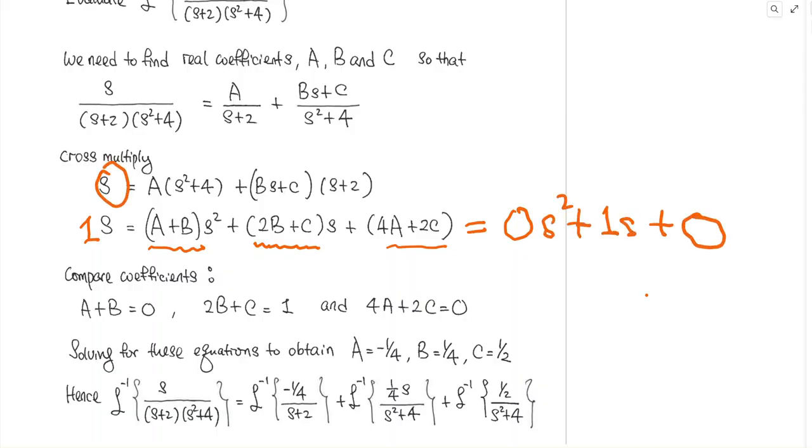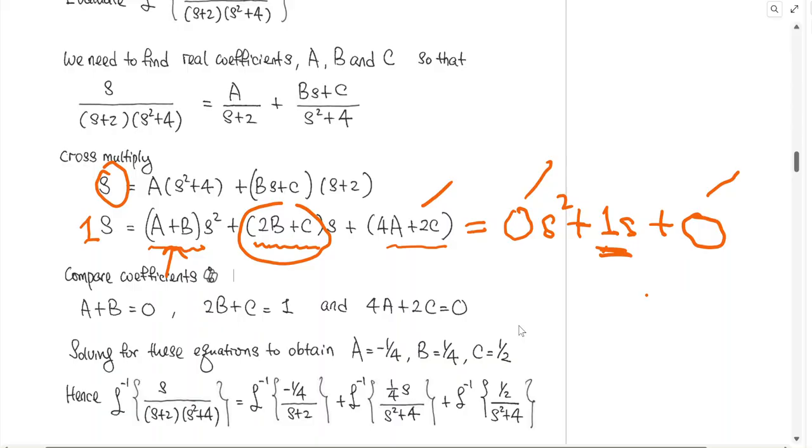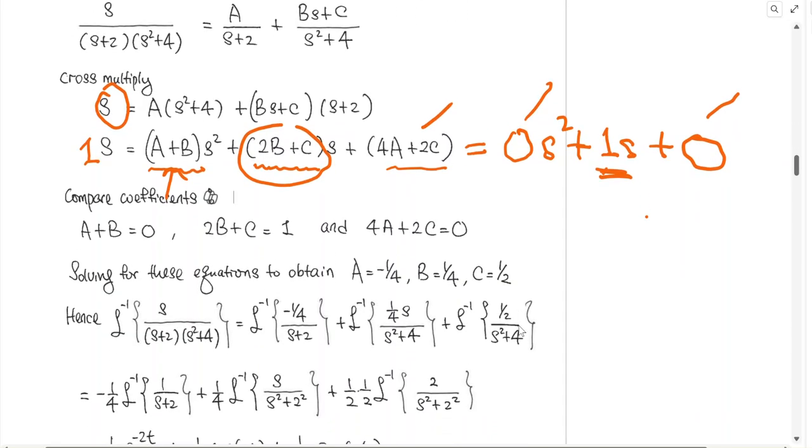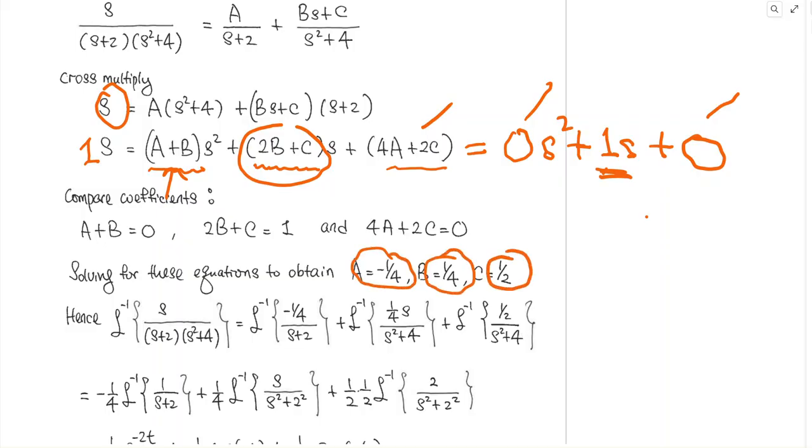Because it's supposed to be just s. So if you compare their coefficients, this one has to be 0, this one has to be 0, this one has to be 1. So some simple algebra, just solve these 3 equations. 3 equations, 3 unknowns. You know from high school this is solvable. And the answer you get is 1 over 4, negative 1 over 4, 1 over 4, and 1 over 2.